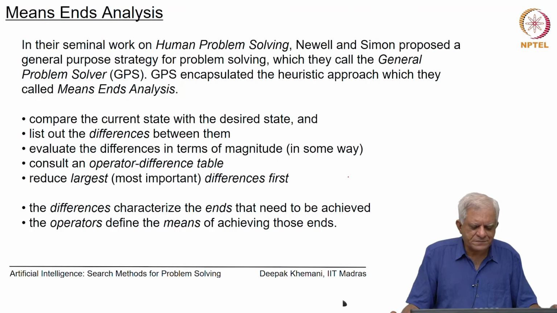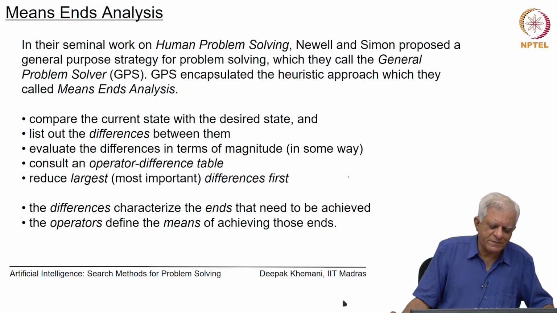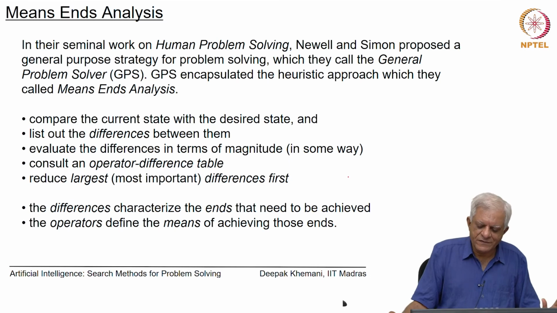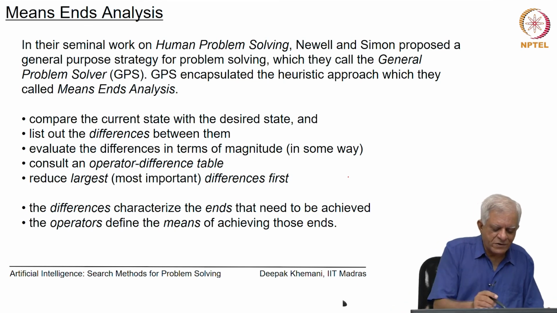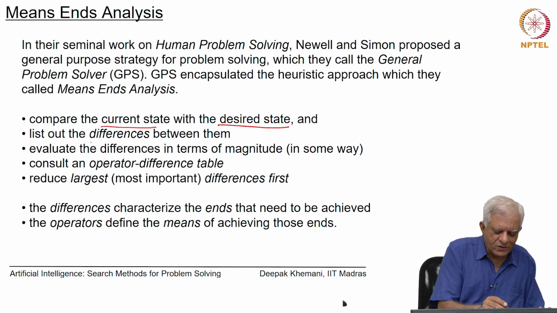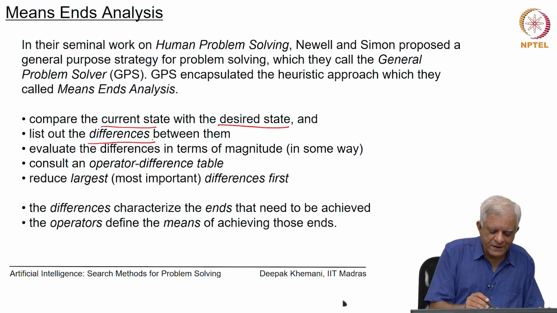But you might recall that we had looked at means ends analysis, which was the work of Newell and Simon as part of their general purpose strategy. And you can think of what was happening there as also similar to what is happening in the AO star, in the sense that it is goal based reasoning essentially. So, you are comparing the current state to the desired state, and you are looking at the differences between them, and then you are trying to reduce the largest differences.